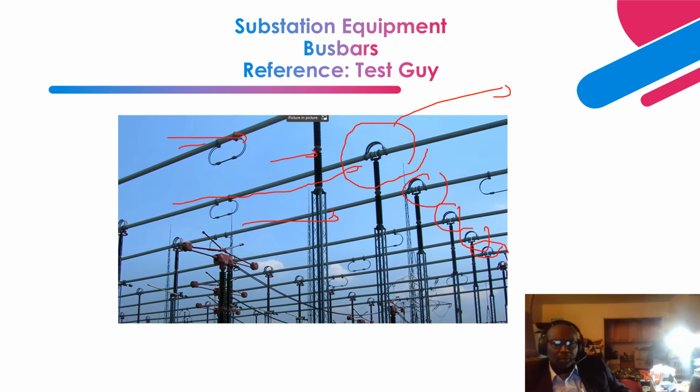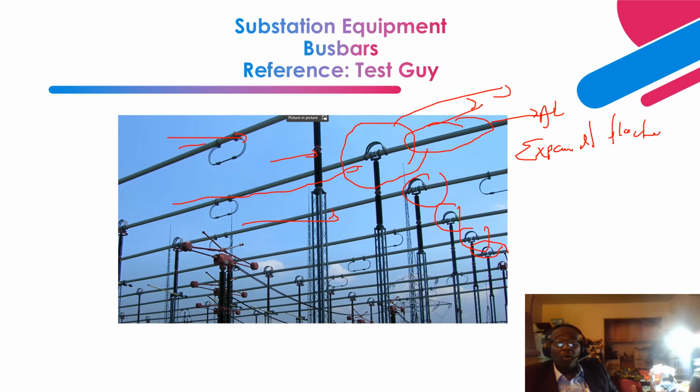Based on the environment where the tubular bus is located, let's say you have an extreme high temperature, because it is made from aluminum, what happens? It's going to expand. Not to talk about fluctuation in loading, which will also make the bars expand and contract, based on the amount of current that is flowing.